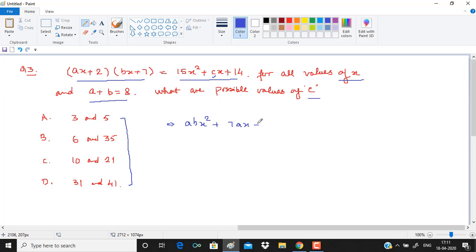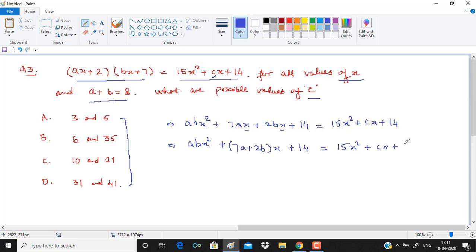7ax plus 2bx plus 14, and that's equal to 15x square plus cx plus 14, and that is abx square plus, now here we can take x common and write (7a plus 2b) times x plus 14 equals 15x square plus cx plus 14.